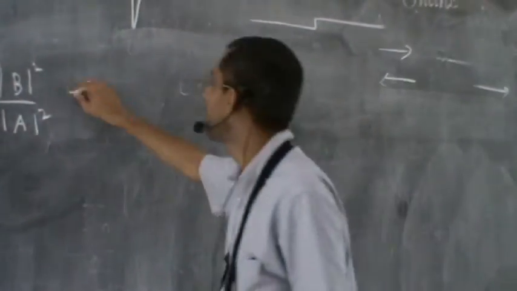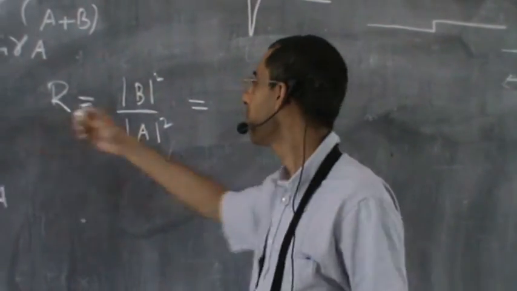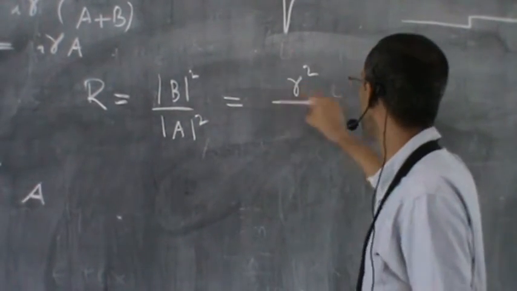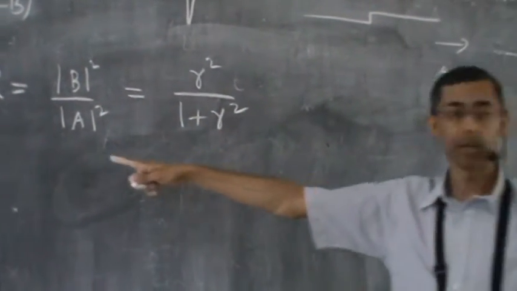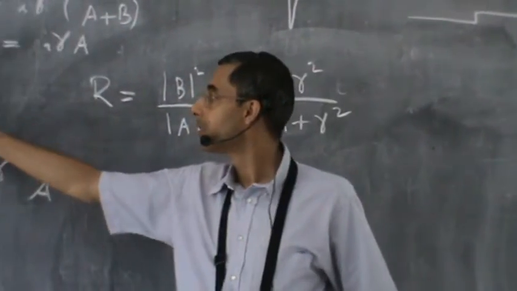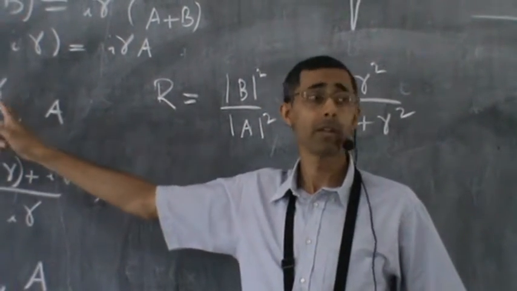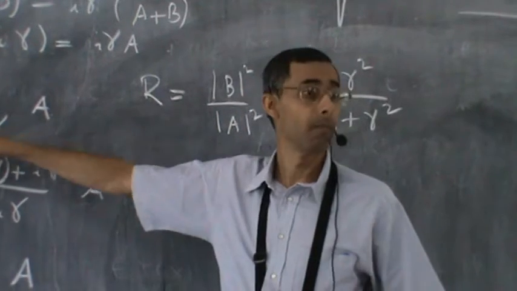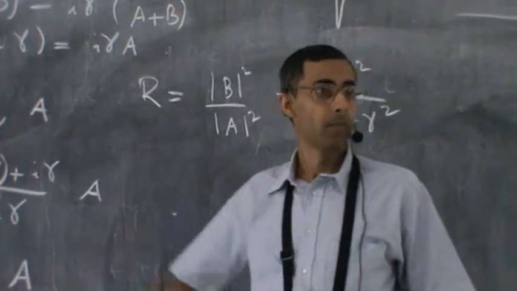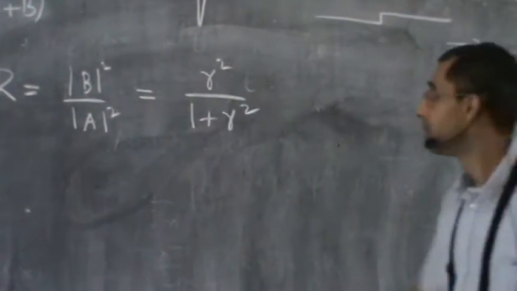Good. What is this thing now? Mod b squared by mod a squared is equal to gamma squared over 1 plus gamma squared. By taking the absolute magnitude squared, the absolute magnitude squared is simply gamma squared, since gamma is real. And 1 minus i gamma magnitude squared is the sum of the squares of real and imaginary parts.